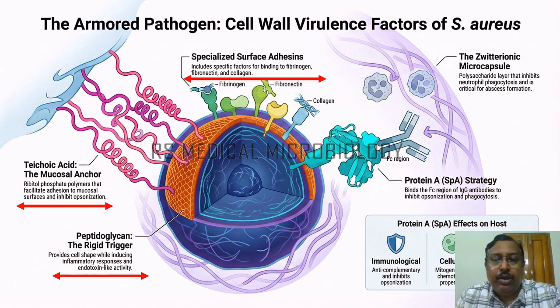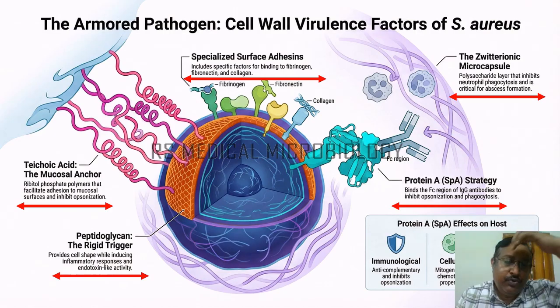This is enhanced by specialized surface adhesins like fibrinogen, fibronectin, and collagen binding. Then you have protein A, which allows for the inhibition of opsonization and phagocytosis. Then some of the members will have a microcapsule, which is also very important for abscess formation.